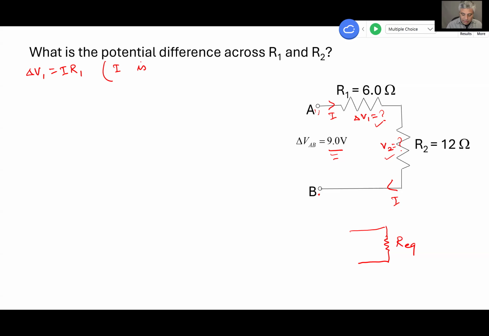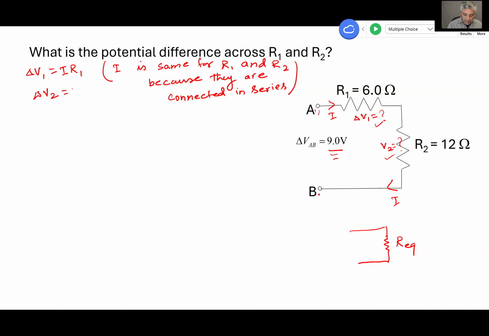I is the same for R1 and R2 because they are connected in series. And delta V2 is I times R2. So we need I, just like before. How about you folks go ahead and solve this problem?